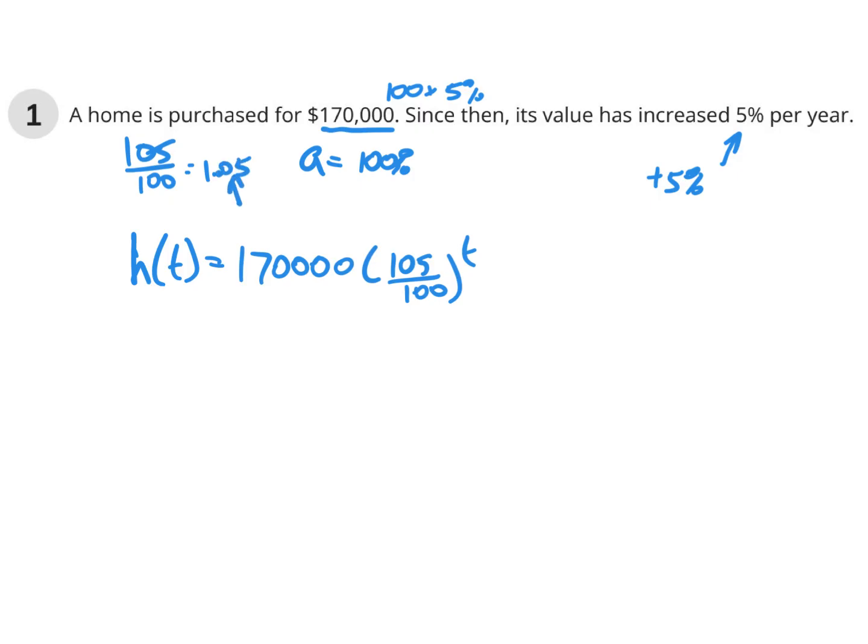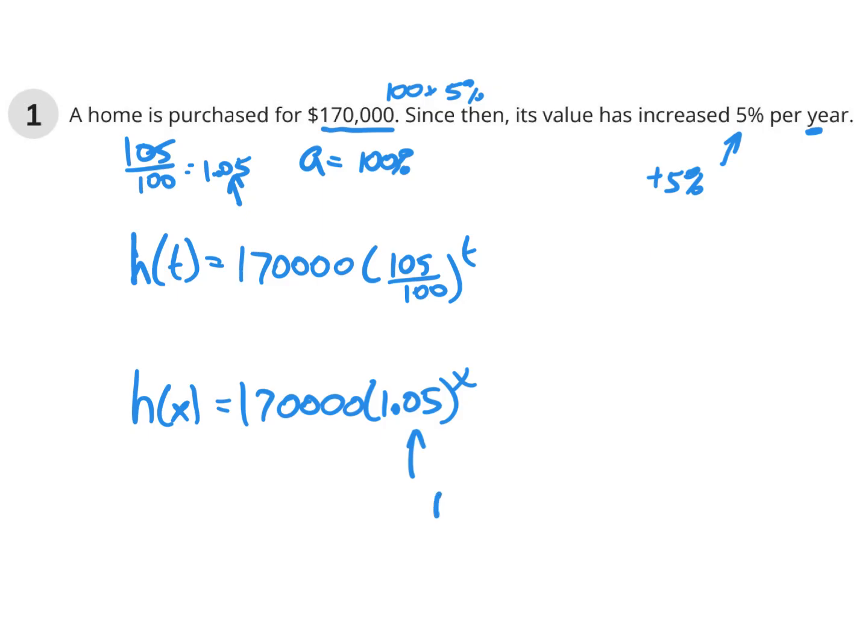This is our actual growth rate. So the proper equation, h of x, t stands for time, x stands for years, per year. That's how I know it went with that, because it was next to the year, where our x stands for years, 1.05 to the x. You can write it with a t, you can write whatever variables you want to write. Doesn't make a difference, but write the proper thing.